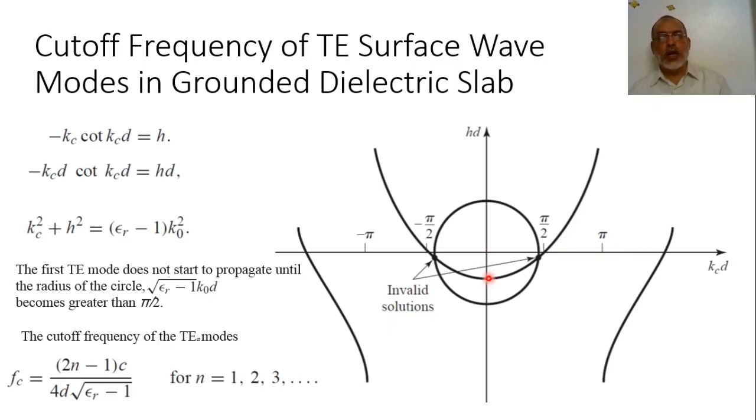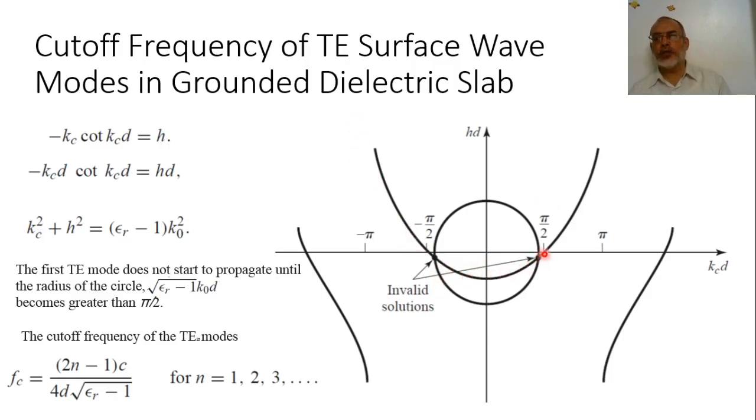Alright? And then we are going to draw the function KcD cotan KcD. As I mentioned, x cotan x is an even function, so the function of x is the same as the function of minus x.